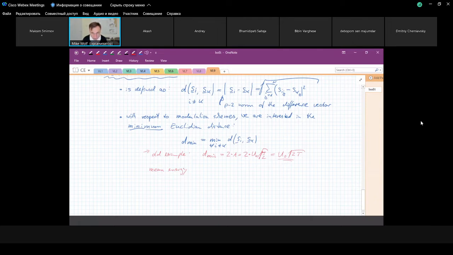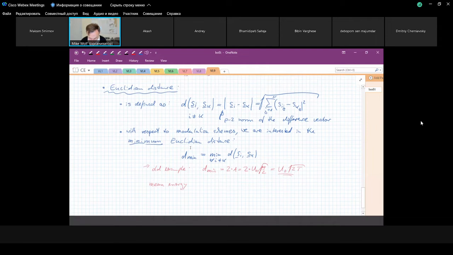So this is just the norm. There is also a P1 norm, and this is the P2 norm. This is just the length of the vector which can be drawn from si to sk. You can simply write a norm of the difference vector. The length is equal to the norm.